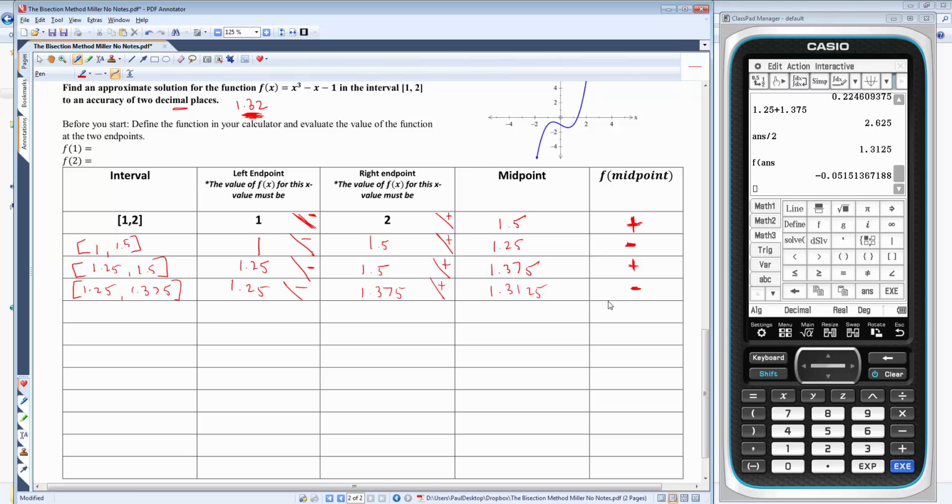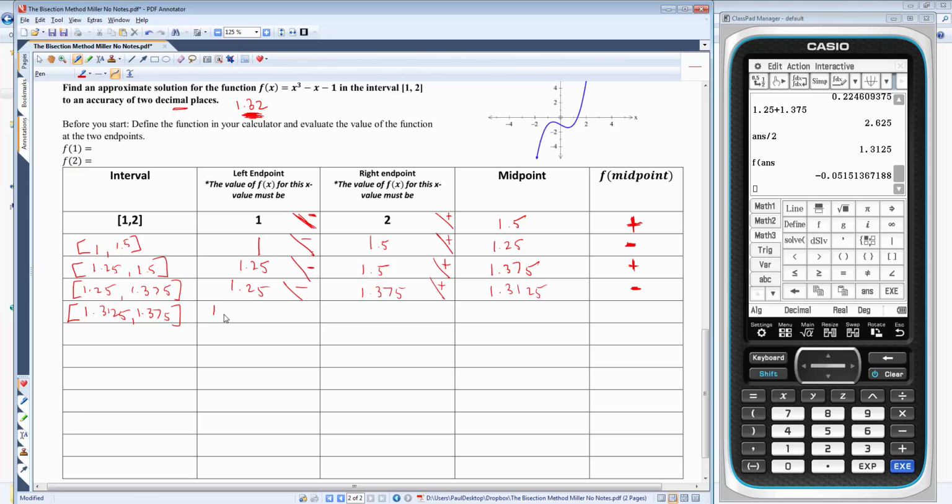Alright, so now again it's decision time as we work out where is this thing, and we note that this is the negative, this is the positive, it must be between here and here. So we're going to write down those values, with the lower value becoming the left endpoint, 1.3125 and 1.375. So again, you can see that we're getting closer and closer to this approximation here that the calculator does.